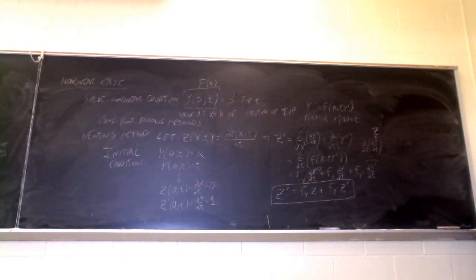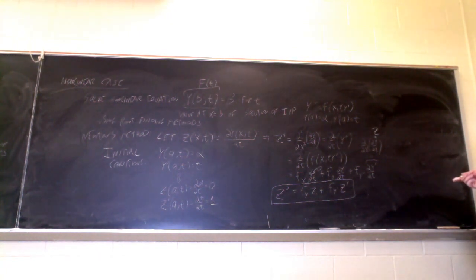So now I can think of this as one big system of ODEs. I have a second order one for y, and a second order one for z. But all these numerical methods for solving IVPs that we've seen, Runge-Kutta, one-step methods, multi-step methods, they work with first order ODEs.